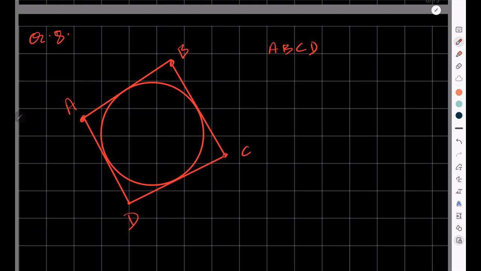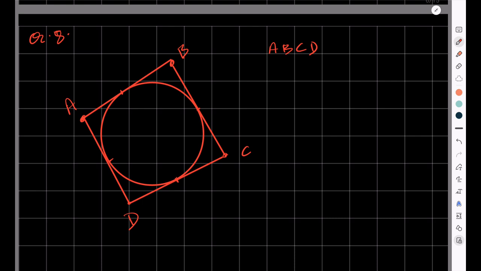Circumscribe means a circle is just within it and is touching its sides. So all these sides of the quadrilateral are actually tangent to the circle which it circumscribes.